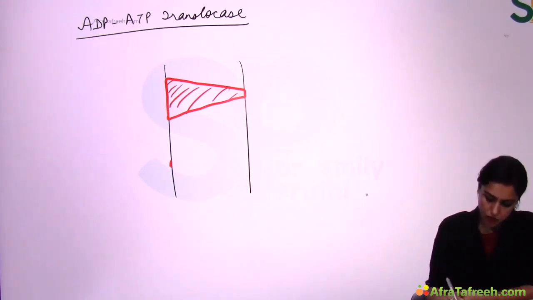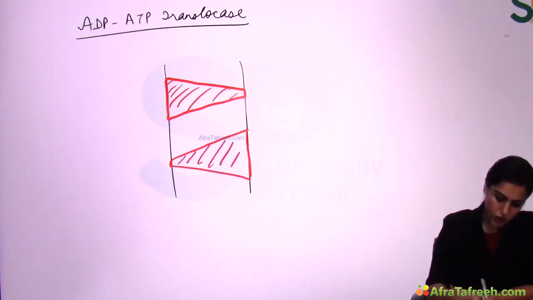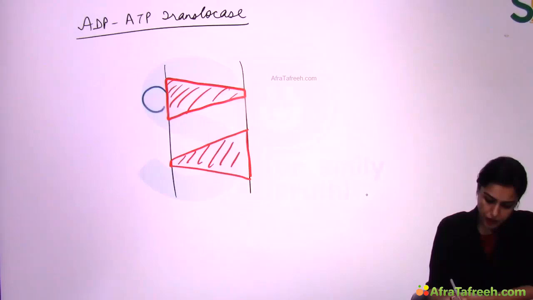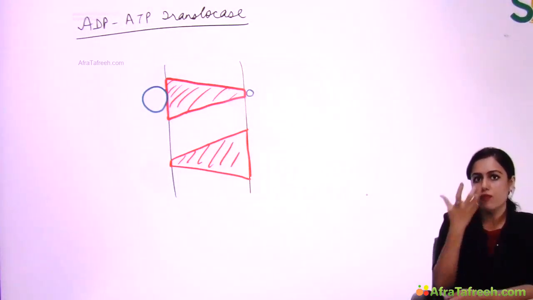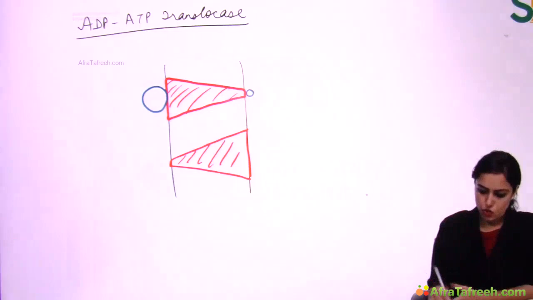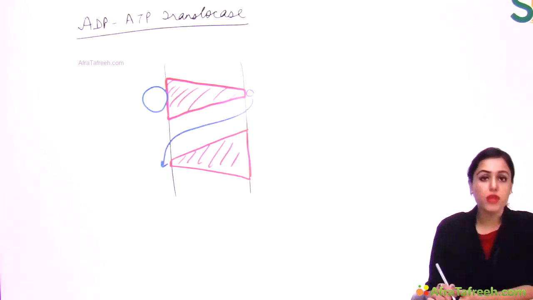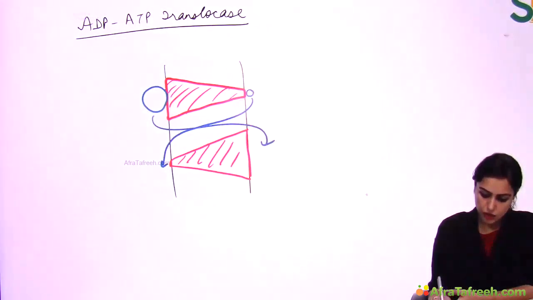Then this translocase protein can bind one molecule. A large molecule can be bound here, a smaller molecule can be bound here, and then this protein can flip-flop. So this protein will come to this side, and this thing will come to this side.